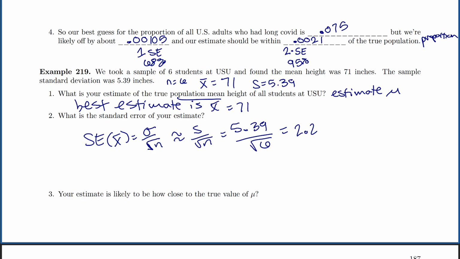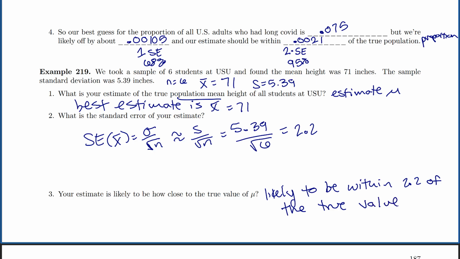So my estimate is likely to be how close to the true value? Likely within 2.2 of the true value. So likely within 1 standard error.